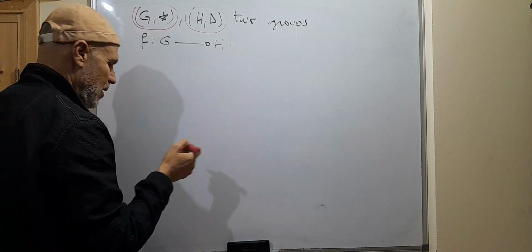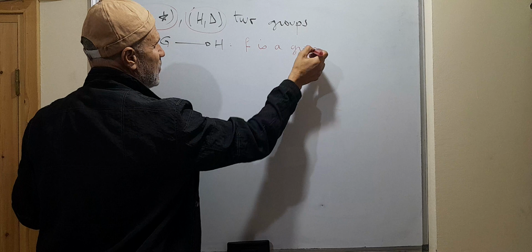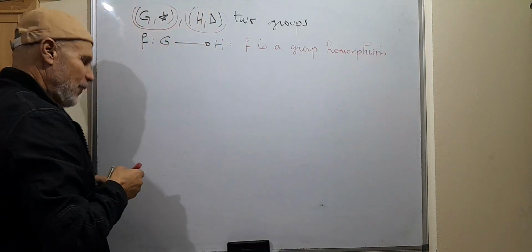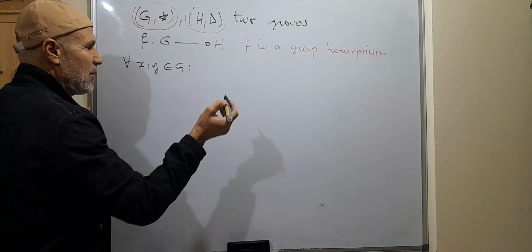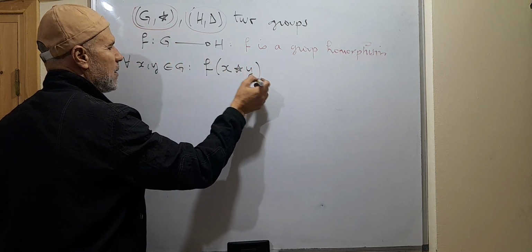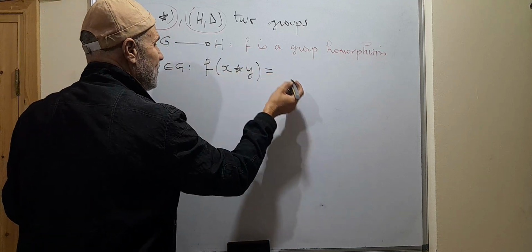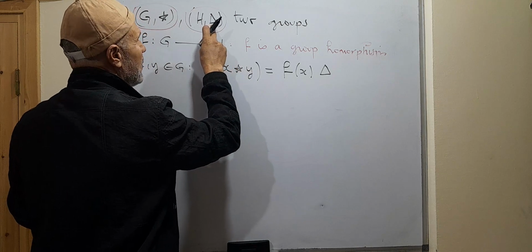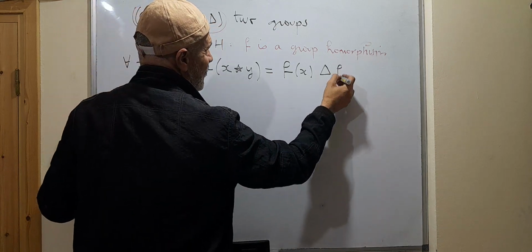We say that f is a group homomorphism if and only if for all x and y from G, one has f of x * y, where * is the binary composition which makes G a group, is equal to f of x Δ f of y, where Δ is this internal law or binary composition which makes H a group.